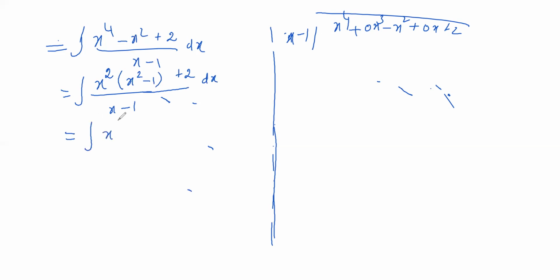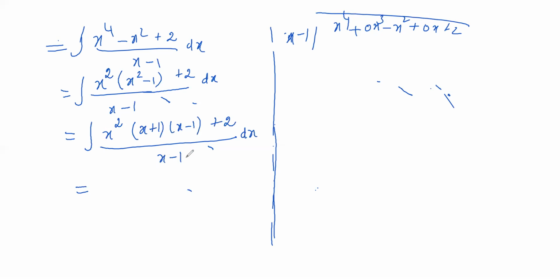Now, x squared into x squared minus 1 is of the form a squared minus b squared, so a plus b into a minus b, which is x plus 1 into x minus 1. Then plus 2 divided by x minus 1, dx. In the numerator we have two terms and in the denominator one term, x minus 1.